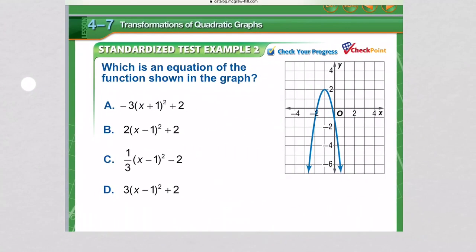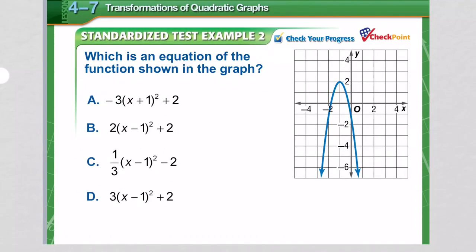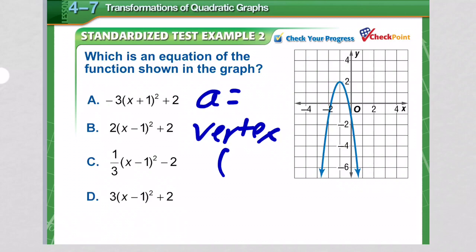Last thing I want to talk about is when we have a graph and we want to find out, well, what is the equation of this parabola graph here? So anytime we're looking at this, all you need is your slope and your vertex. So in this case, I can see the vertex of the parabola is at this point, which would be the coordinate (-1, +2).